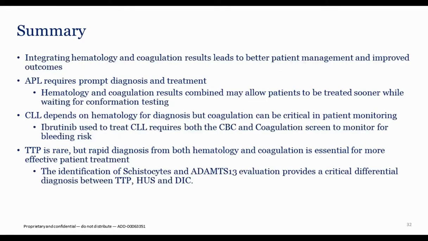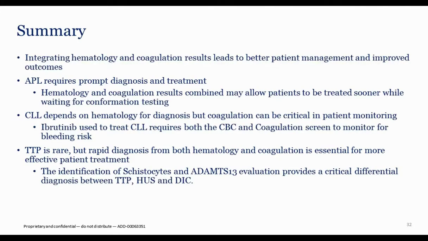So in summary, we've reviewed 3 disease states where integrating the results from the Hematology and Coagulation laboratories lead to improved patient management and outcomes. As we can see in the case of APL, the combination of hematology and coagulation results supports early treatment of these patients while waiting for more specialized confirmational tests to be performed.